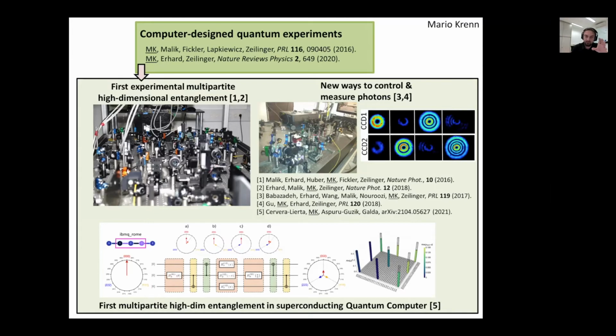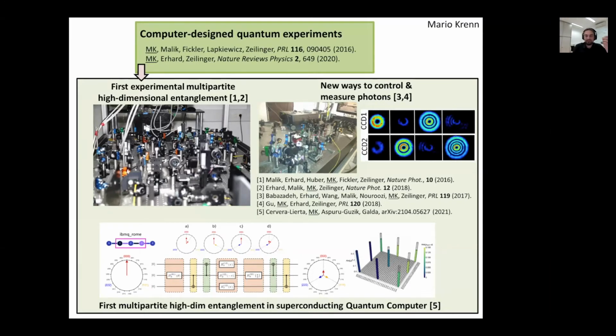And then the first iteration of the quantum circuit that can produce the state that we were interested in also came from my computer algorithm, because we ourselves, again, were not able to find a practically suitable solution. So this algorithm has allowed for the observation of new quantum properties in the laboratory.